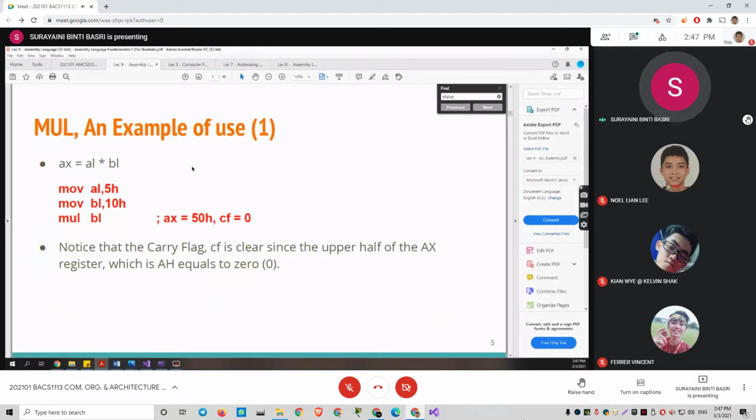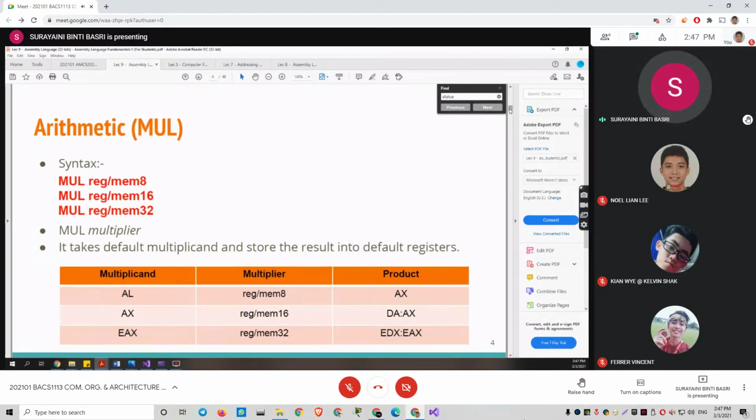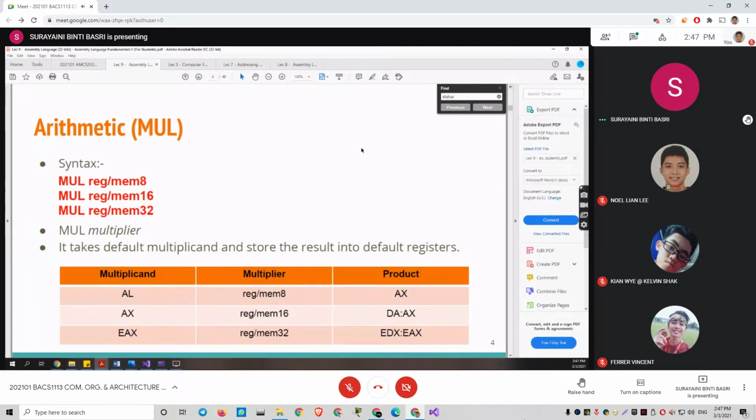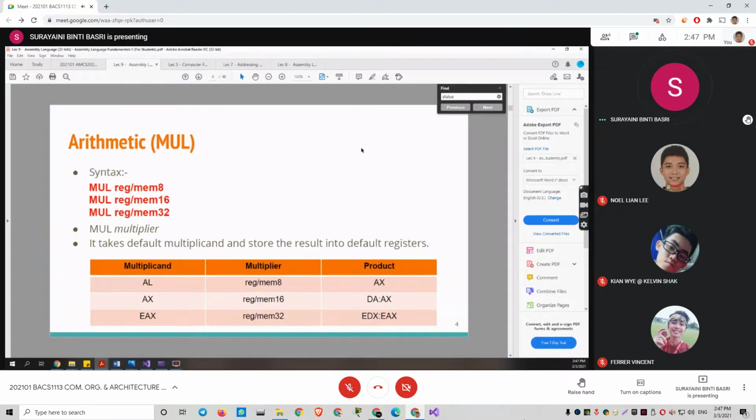Okay, so for the MUL multiplications, these are the things that we need to remember. Like Mr. Bharat Acharya told us just now, whatever the product or the result of our multiplication will be stored in this register.